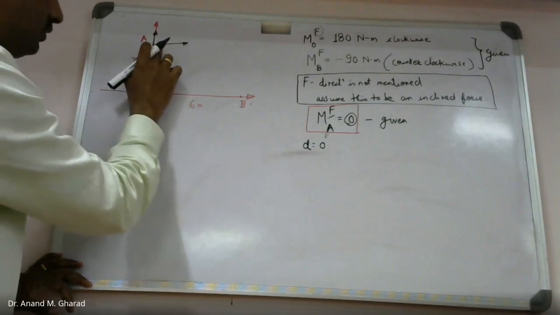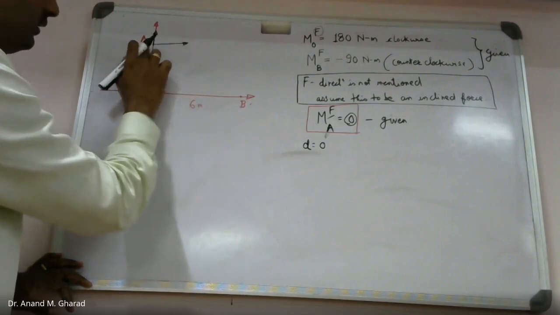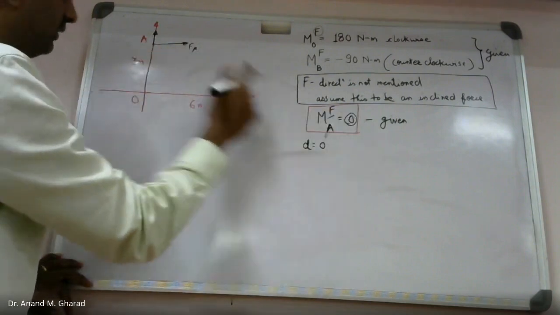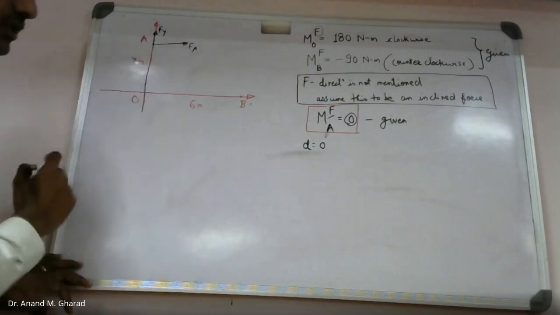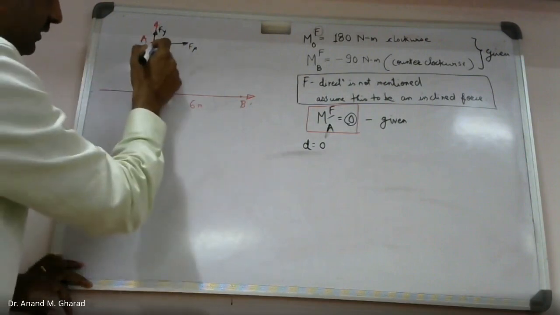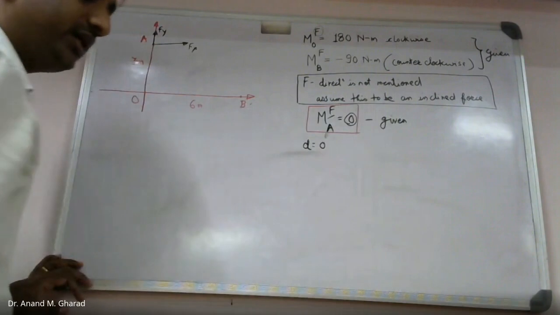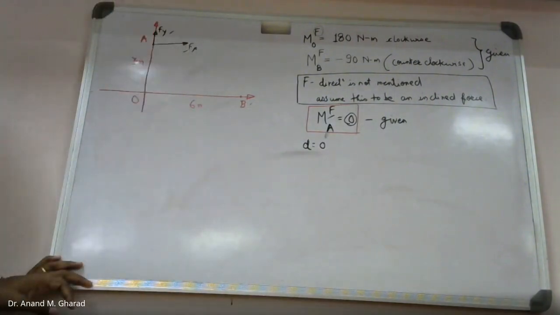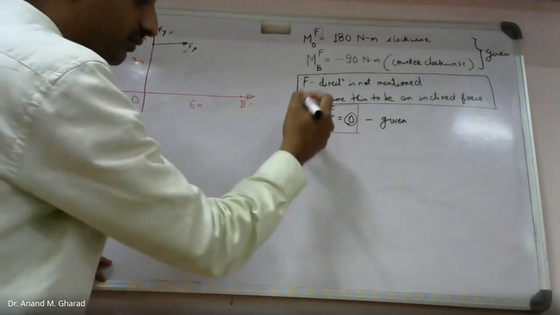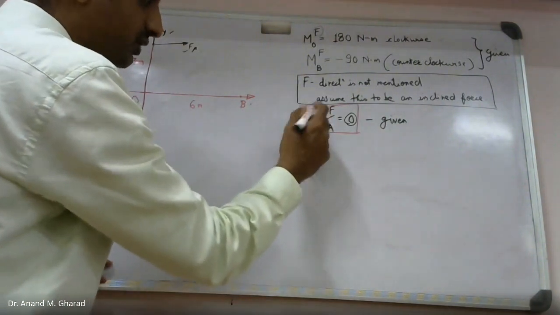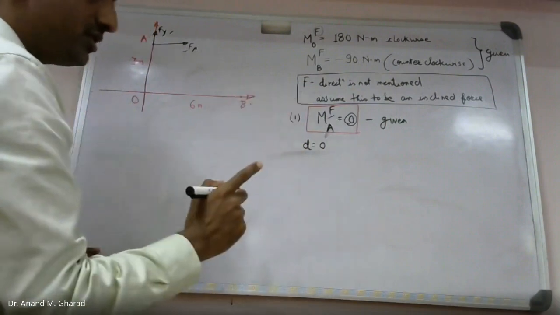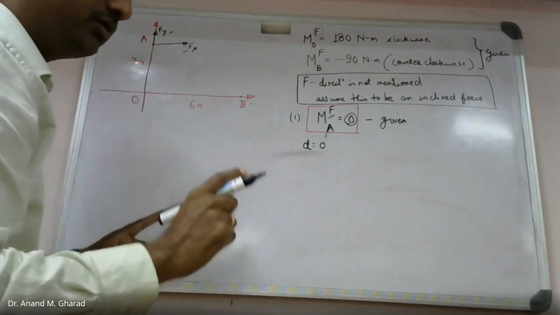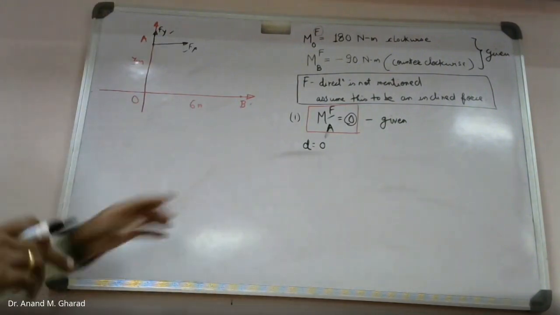If the force component Fx is passing through point A, your equation is satisfied. Or if the y component is passing through that point A, again it is satisfied. That means these two conditions are just fine. So prima facie, in order to achieve this condition, what I should consider is that the line of action of the force F is passing through that particular point. That is for sure.